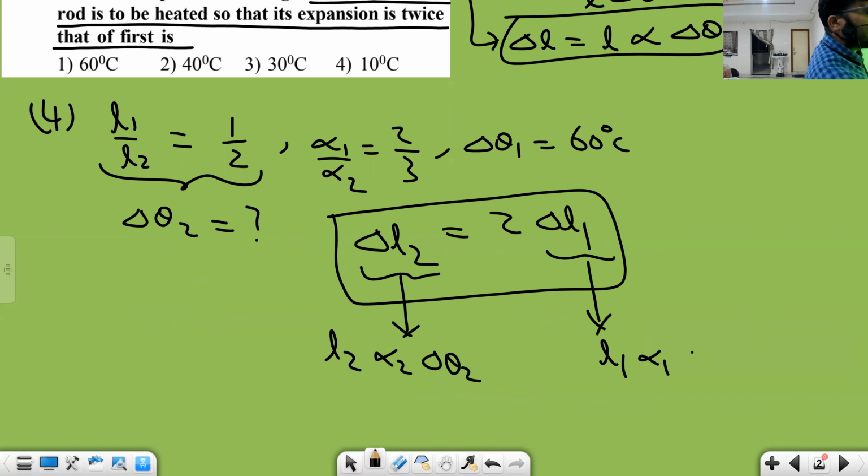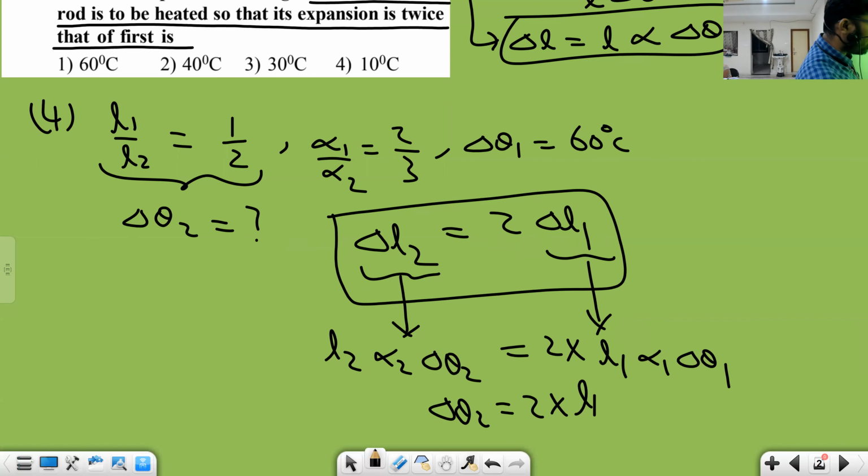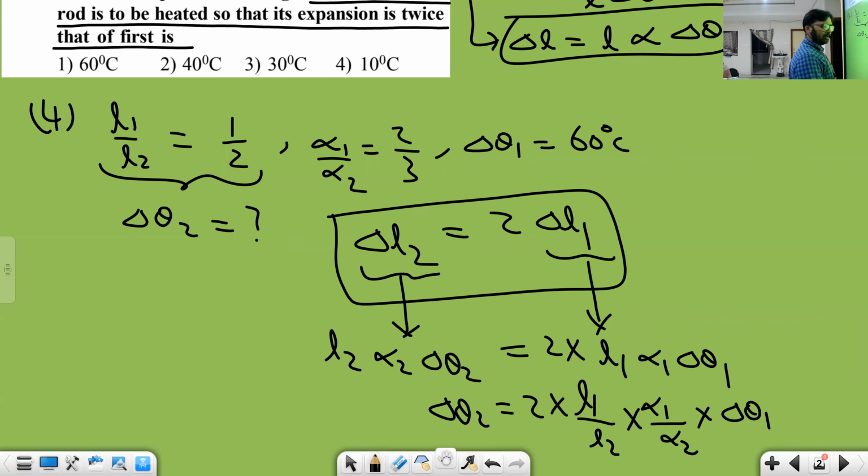L1 alpha 1 delta theta 1, and it is equal to 2 into it. Is it clear? So what we need here, sir? We need here delta theta 2. So how to write, sir? Delta theta 2 is 2 into L1 by L2 into alpha 1 by alpha 2 into what should I write here? Delta theta 1.